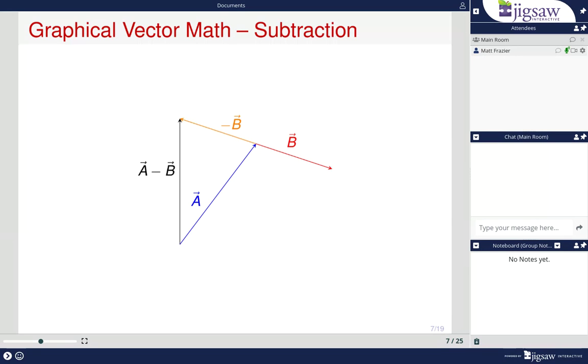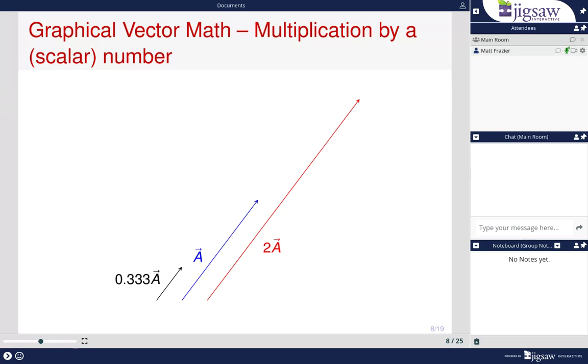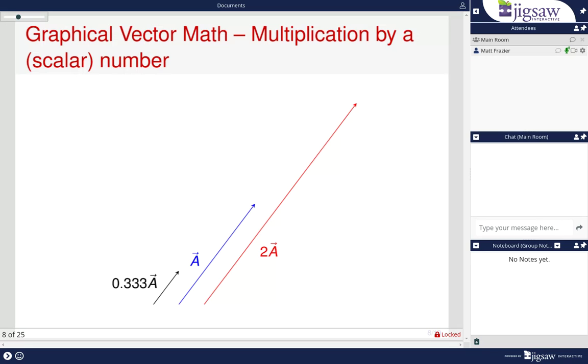And that's what's happening over here when we do subtraction. When we subtract B, we're multiplying B by -1. So we're scaling it to be the same size as B, but the minus sign changes the direction. So we could come over here and draw in -2A. If I turn on the annotations on this page, -2A would look like this. It'd be the same length as 2A, but it points in the opposite direction.